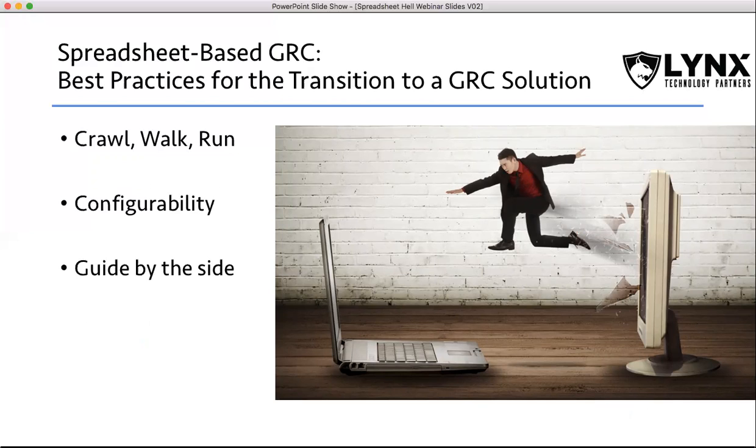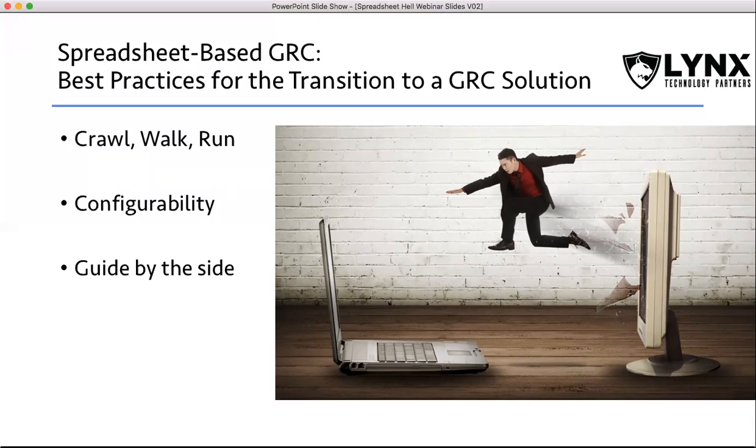What's the best approach to transition to a GRC solution that could help move away from some of these problems we see with spreadsheets? From your experience, and you've got a team working for you that also has a lot of experience helping customers make this transition from spreadsheets to a GRC solution, can you walk us through what you would say are some best practices in making that transition?